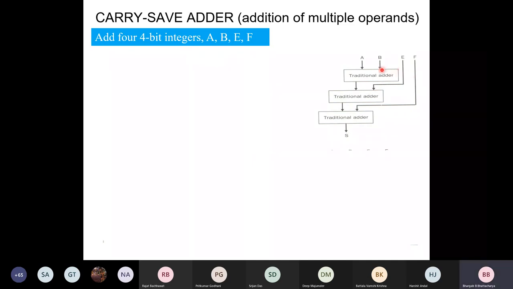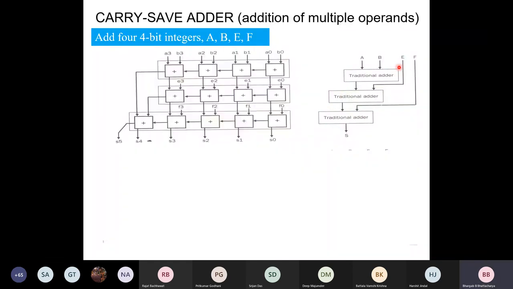But notice that if this traditional adder is implemented as a ripple carry adder, the signal flows sequentially here, and then again sequentially here, and so on. Let us expand this. So this is a 4-bit adder. We assume that this traditional adder has been implemented using a ripple carry adder, the simplest way. So we have a serial interconnection of 4 full adders, accepting the A inputs and B inputs bit by bit.